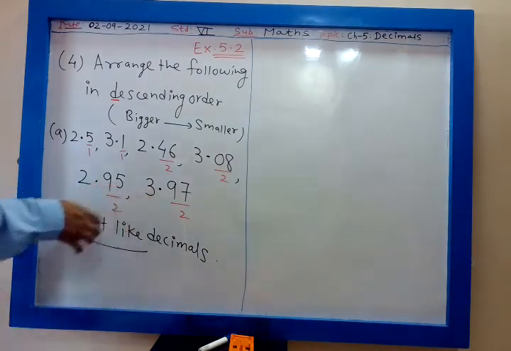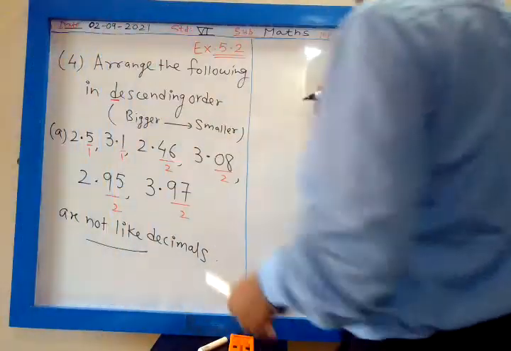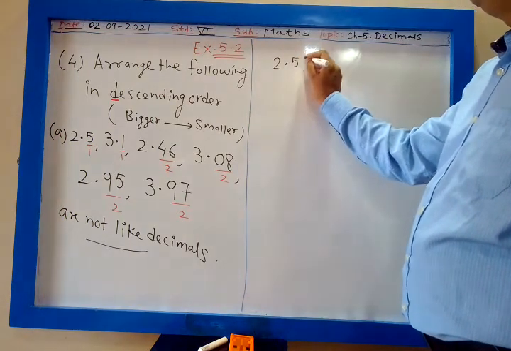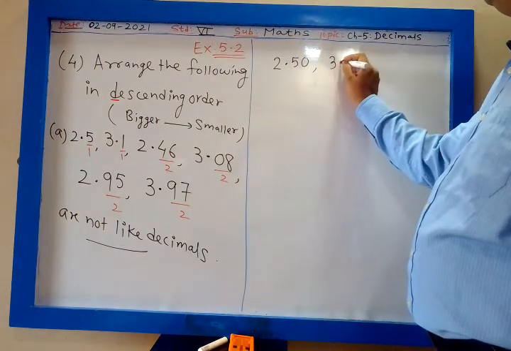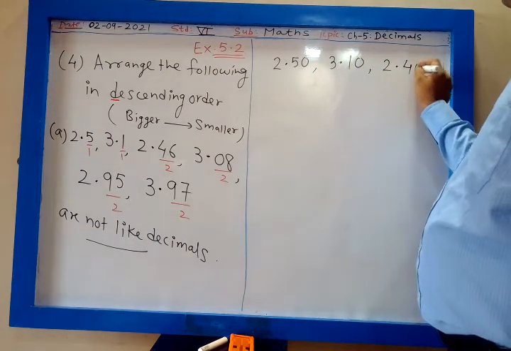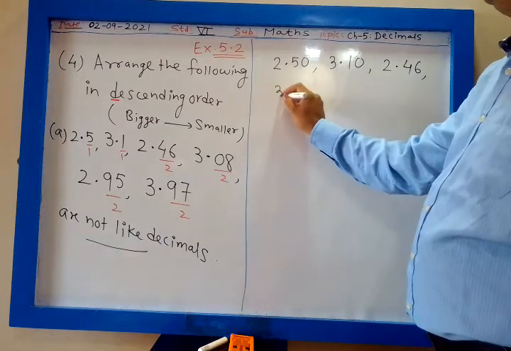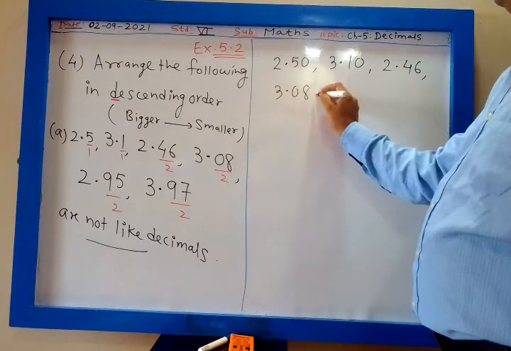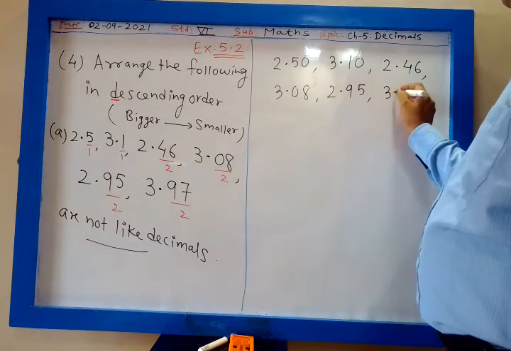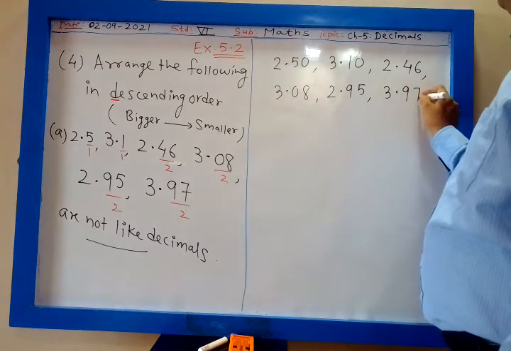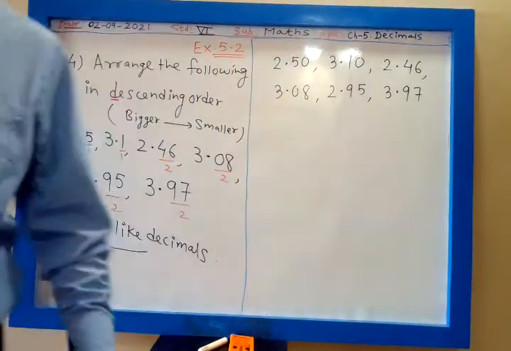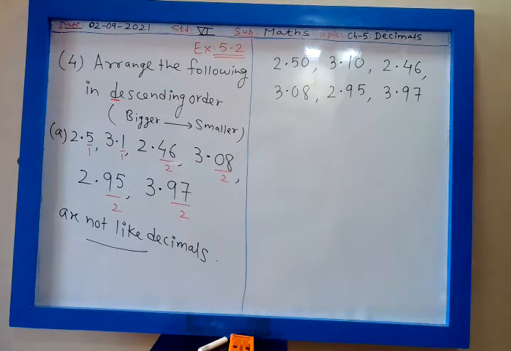Maximum is 2, so I will write 2.50, 3.10, 2.46, 3.08, 2.95, 3.97. Now how many decimal places are there in each? 2. So they are like decimals.